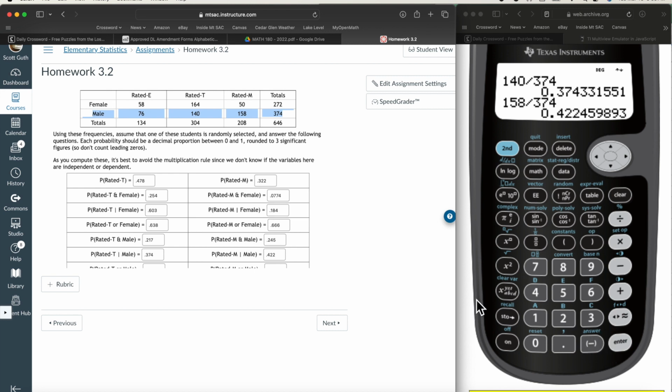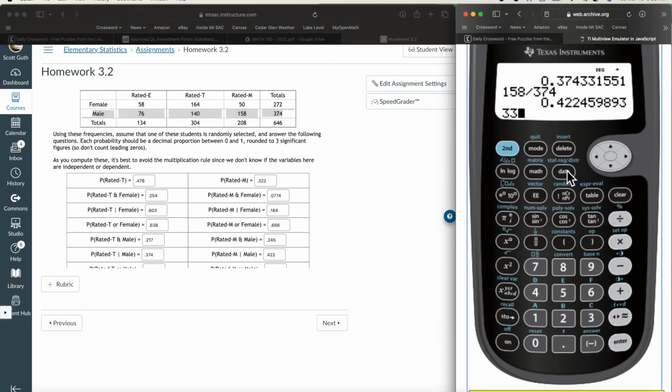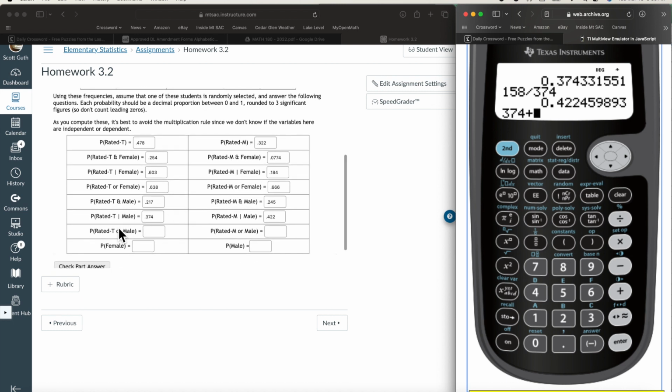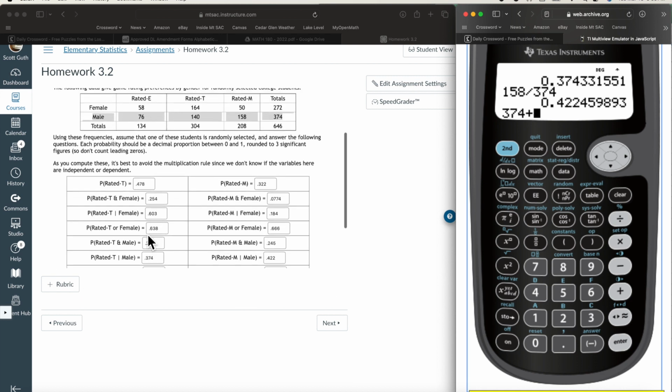So 374 males plus the females that are rated T, 164.